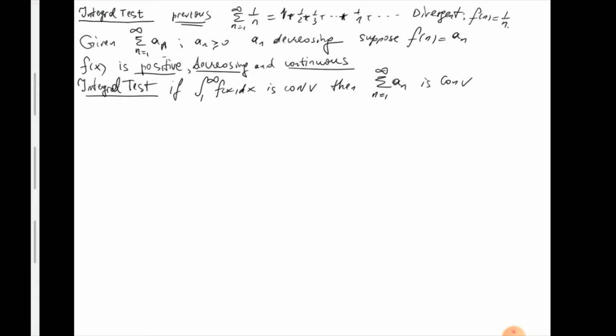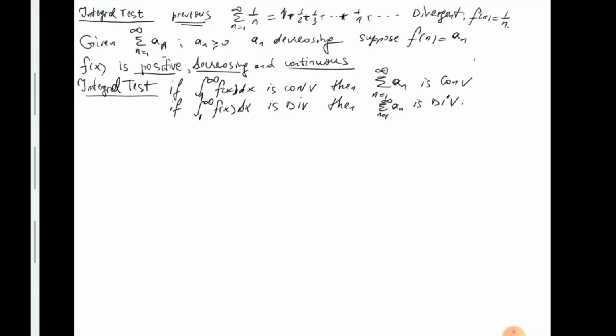And it will also tell you about divergence. It says the same thing if the improper integral is divergent: if the improper integral from 1 to infinity of f of x dx is divergent, then the series that gave you the function itself is divergent. So the way the improper integral behaves, so does the infinite series.